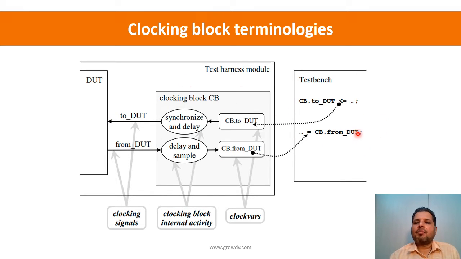And whenever we sample any signals through the clocking block, it will delay that particular signal as we had seen, and then it will sample that particular value and then send it back to the DUT. The idea of delay and sample was that you are ensuring that if the signal has not changed prior to TSU, then only you are getting that particular information. So that is the idea if we represent it in the form of a picture.